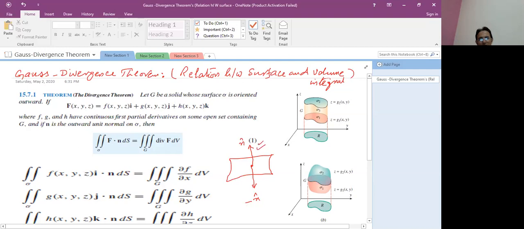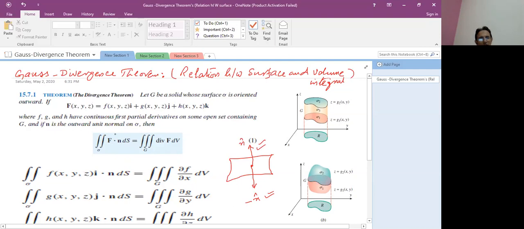This is called the outward normal. So the inward normal and outward normal directions are opposite. So if n is the outward unit normal on sigma, sigma is considered here as an outward oriented surface.